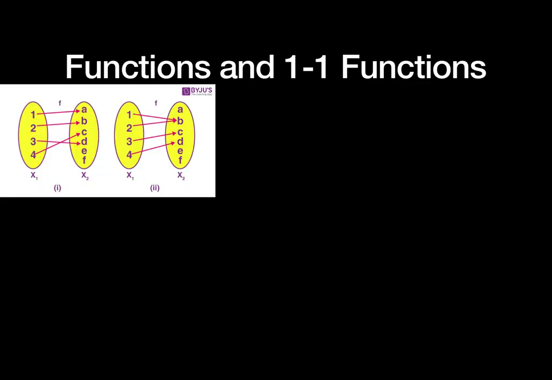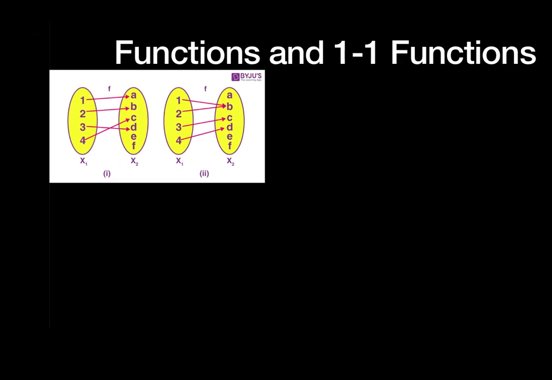And just as a review, what does function mean? If I have one value of x and it maps to one value over here in y, it's called a function. 2 maps to one thing, 3 maps to d, 4 maps to c.